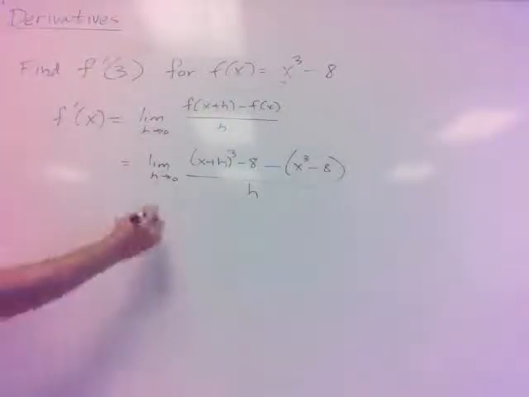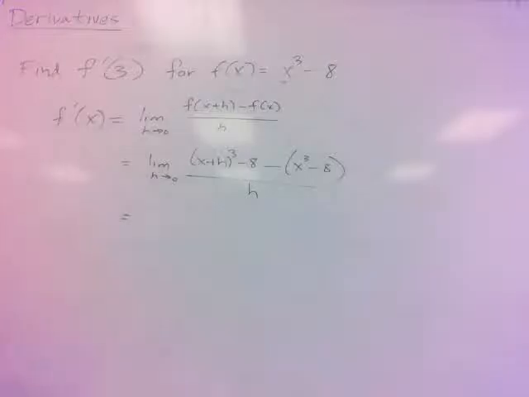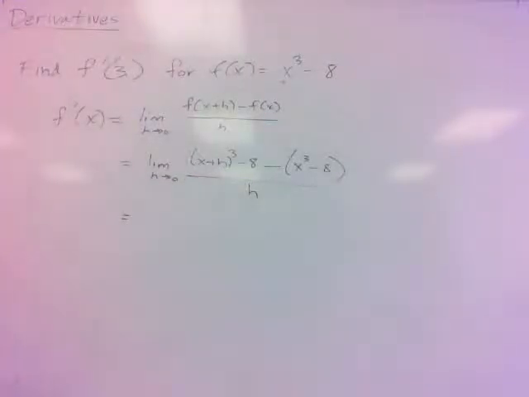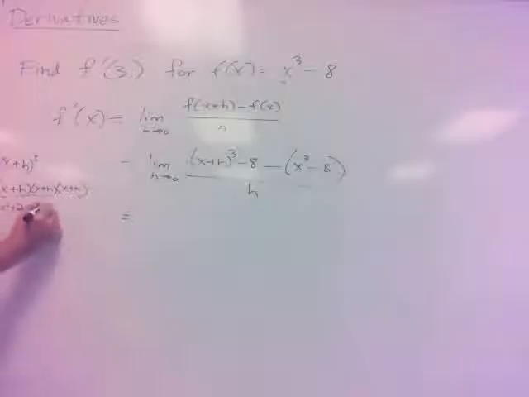Okay, well, how do we proceed? Probably want to go ahead and cube that out. x plus h cubed, that's x plus h three times. So that's x squared plus 2xh plus h squared.